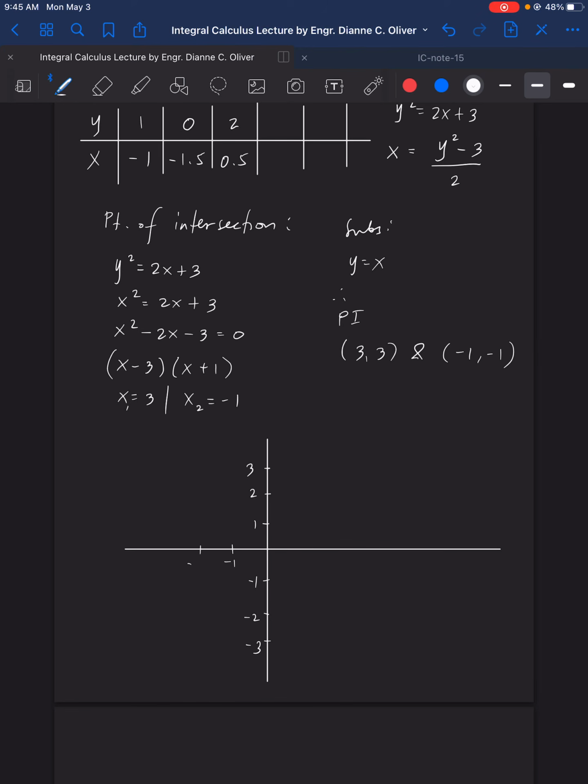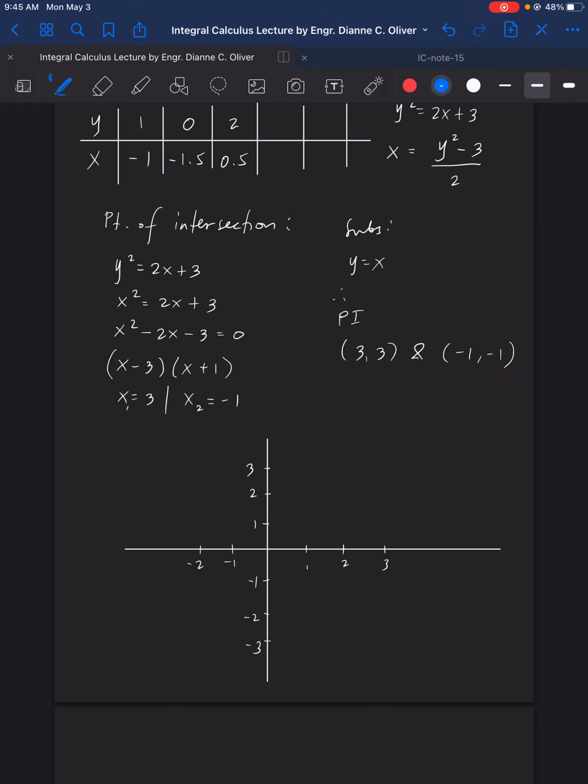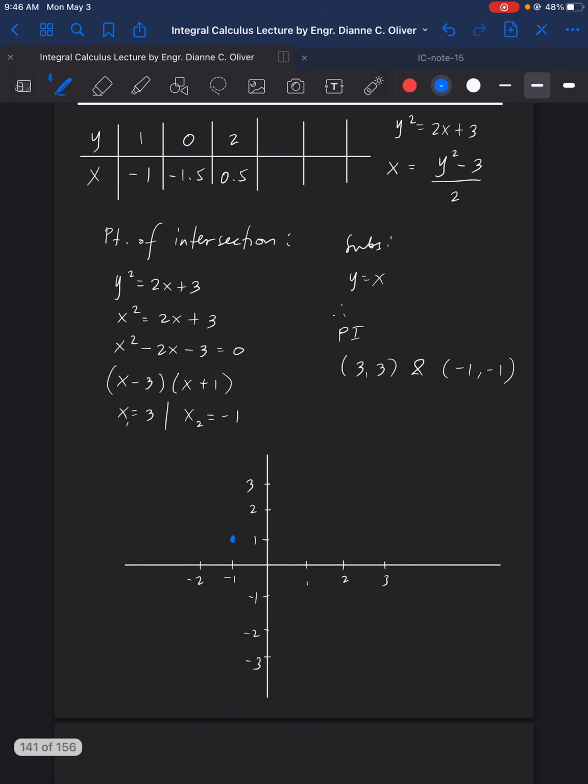Okay, so let's find the boundaries for the curve. Since y is squared, therefore this is positive, negative, positive, negative.